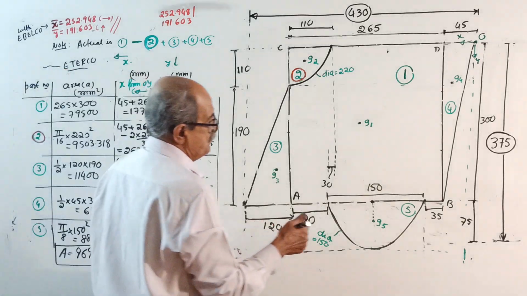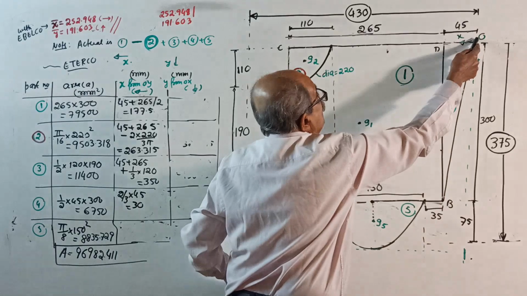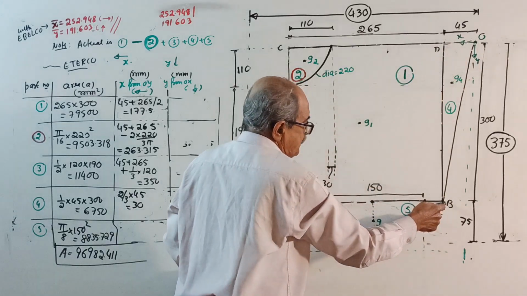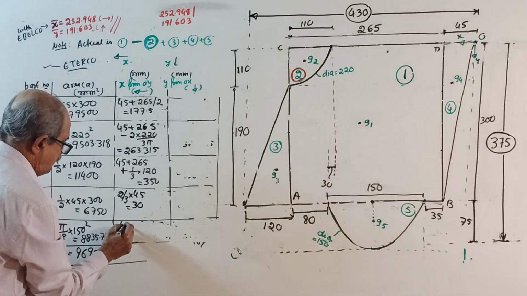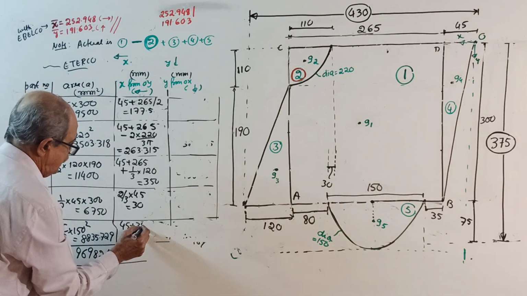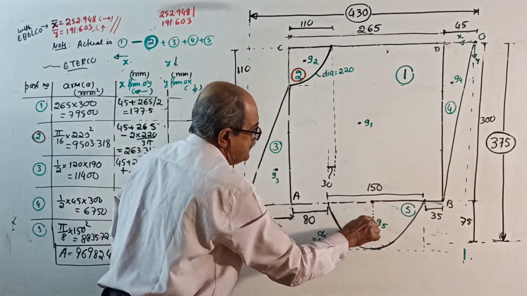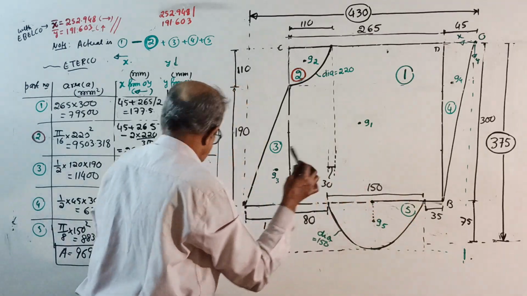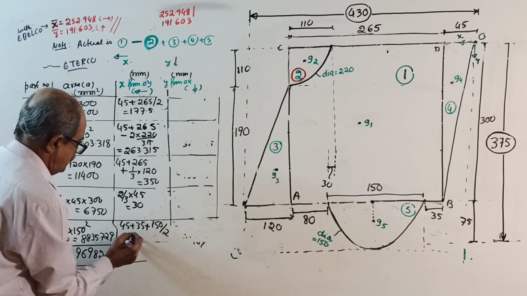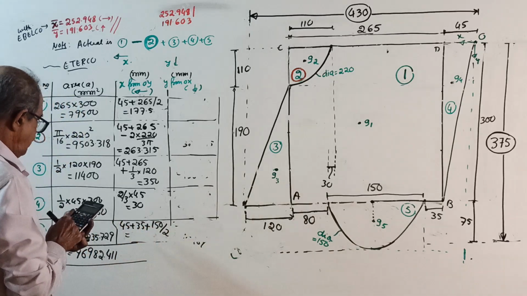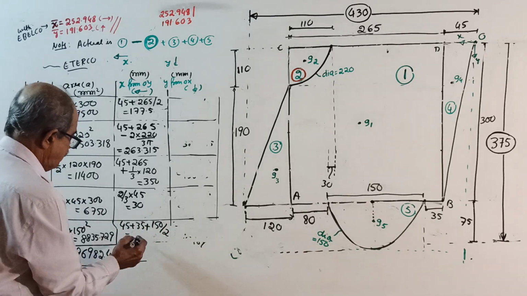And x5 from here, see, 45 plus 35 plus, from here to center, this is 2d by 3 pi but this is center, plus 150 by 2. 45 plus 35 plus 150 by 2 is 155.